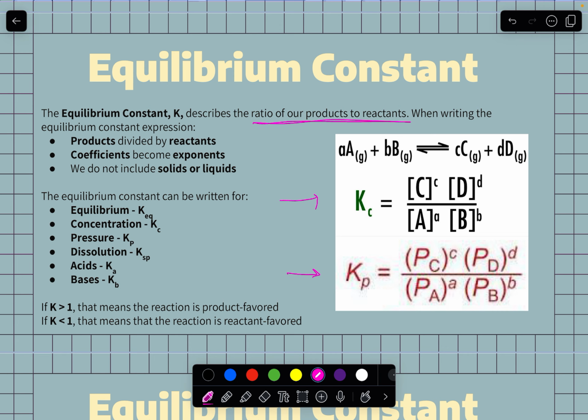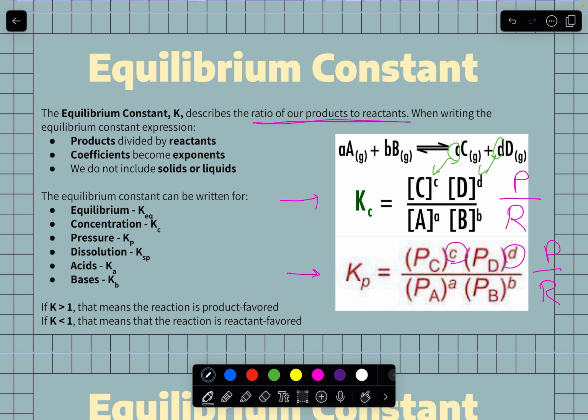For concentration, it's the concentration of your products divided by the concentration of your reactants, and notice that your coefficients become the exponents. It's the same thing for pressure. You're still doing products divided by reactants, and the coefficients are still your exponents.